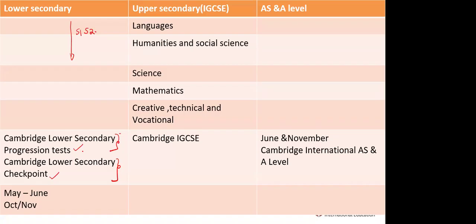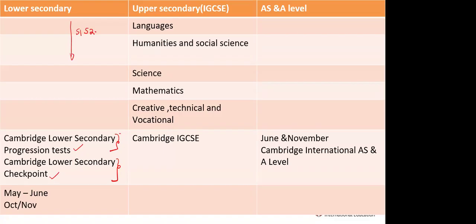In our Ugandan context, that's what we call end of term exams and end of year exams. So you are free as a school to give these children end of year exams at the end of year 9, so that you can weigh which children are capable of crossing to upper secondary.